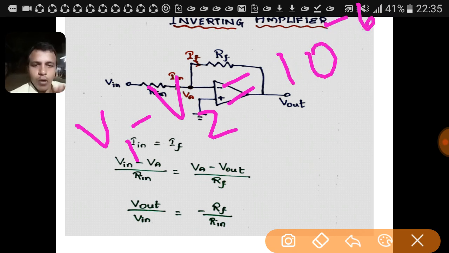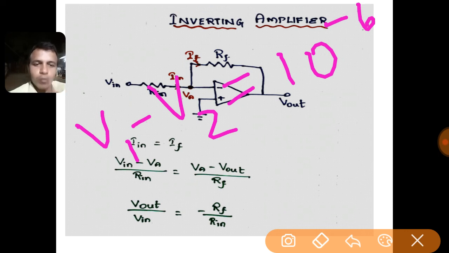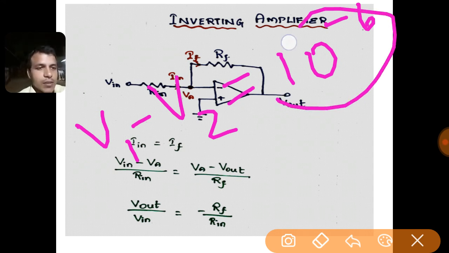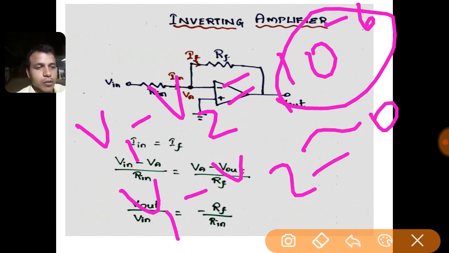So the difference between the two voltages V1 and V2 is a very small value, in the microvolt range. This operational amplifier is able to amplify this microvolt range and give a useful output in the linear region. Since this difference is very small, we can approximate it to 0 volt. V1 minus V2 is approximately equal to 0.